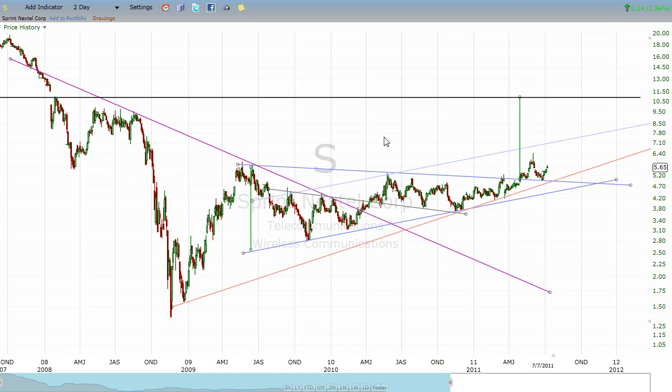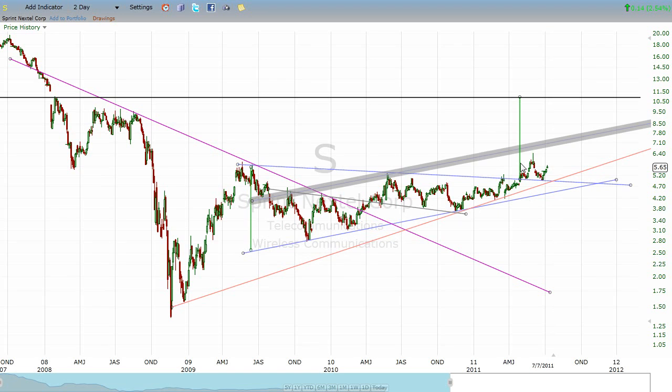Additionally, you can see there's this rising line right here that appears to have given it support on a number of occasions, but there's also kind of a channel that looks like it might have developed between this line and this line.